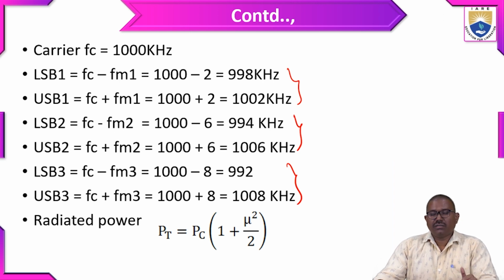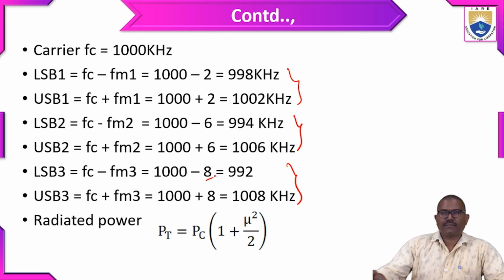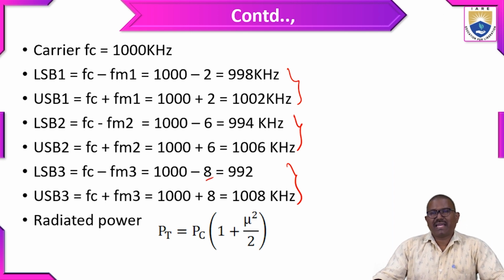And again for the third message signal, LSB3 is FC minus fm3. My third message signal frequency is 8 kilohertz, so 1000 minus 8 gives 992. And similarly the upper sideband for the third message signal is 1008 kilohertz.